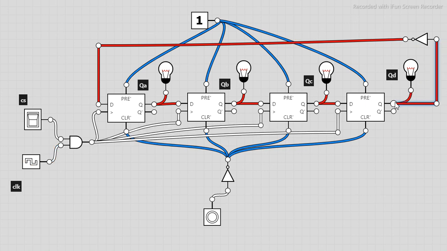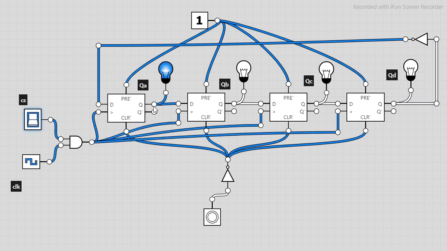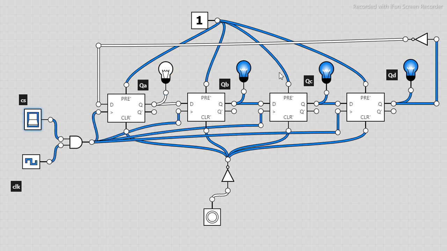The complement of the last output is connected to the first flip-flop. 1 0 0 0, 1 1 0 0, 1 1 1 0, 1 1 1 1, 0 1 1 1.